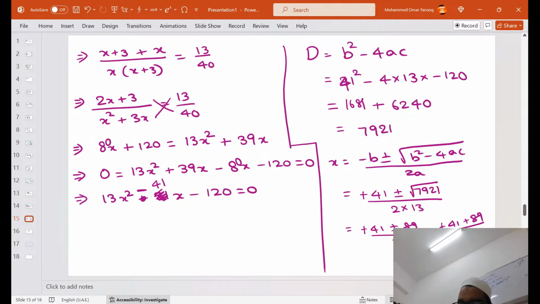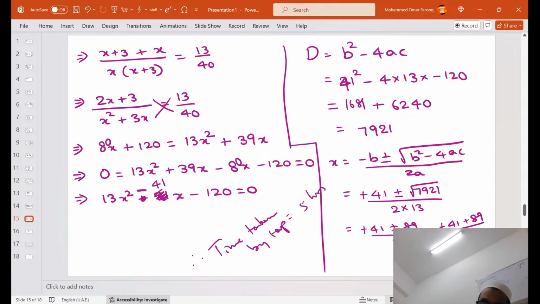So that is equal to 41 plus 89, which is 130, divided by 26. What is 130 divided by 26? 5. So therefore time taken by one tap is 5 hours. And the second tap, it is 8 hours.